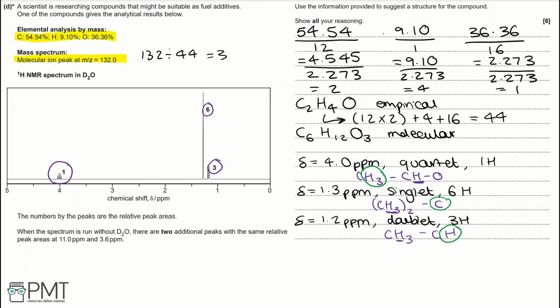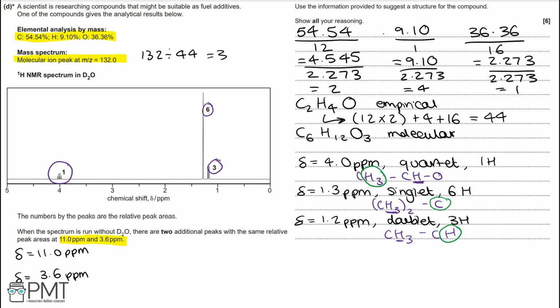Now looking at our D2O peaks, we have 1 with a chemical shift value of 11.0 ppm and 1 with a chemical shift value of 3.6 ppm. So we can use our data books for these. We know that D2O is going to remove any oxygen-hydrogen peaks.